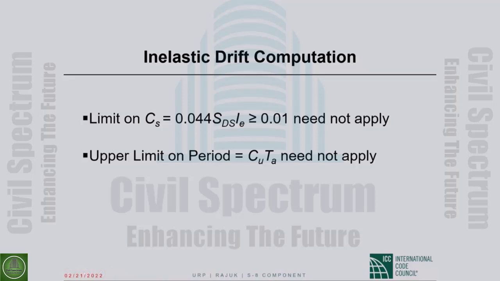When S sub ds is low, and this number goes below 1%, we keep the design base shear no less than 1% of building height.